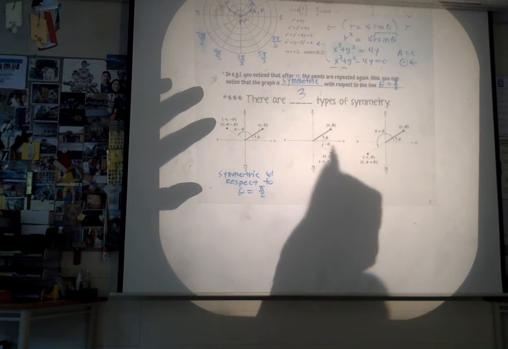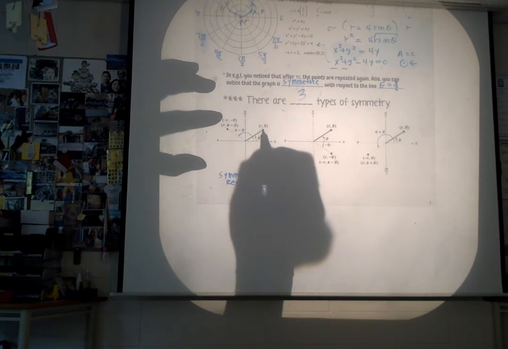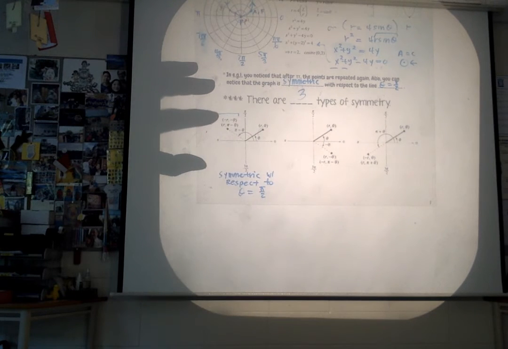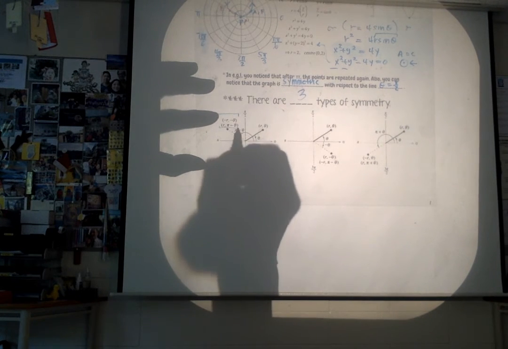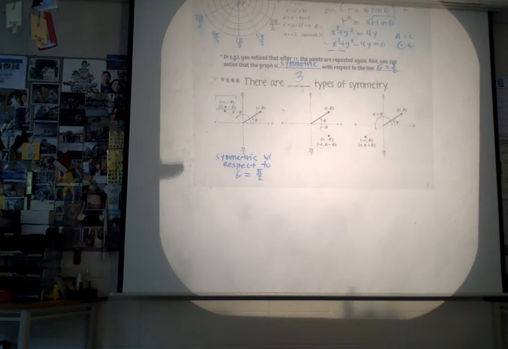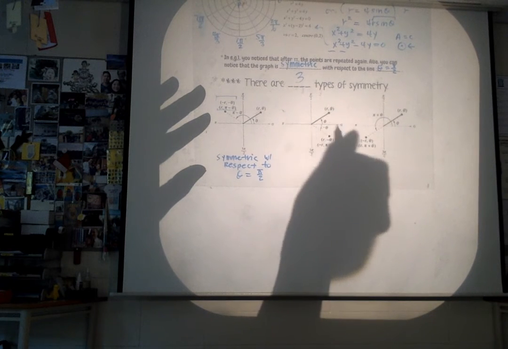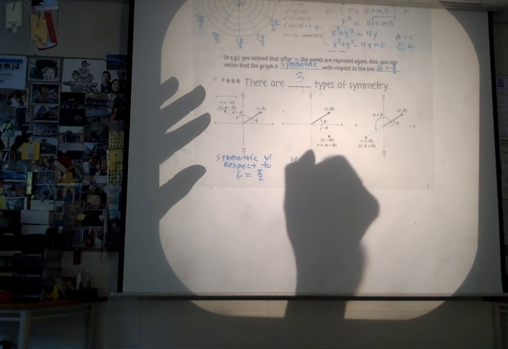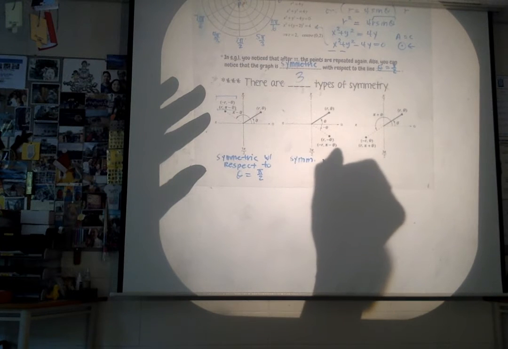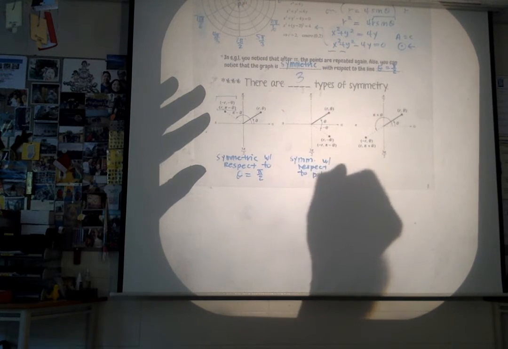And how do the coordinates change? It goes like this: (r, theta) is how you start, and then there's (r, pi minus theta). These are really formulaic, so you'll see what we're going to do in a second. This one here, isn't it symmetric about the polar axis? Yes, so you write symmetric with respect to the polar axis.